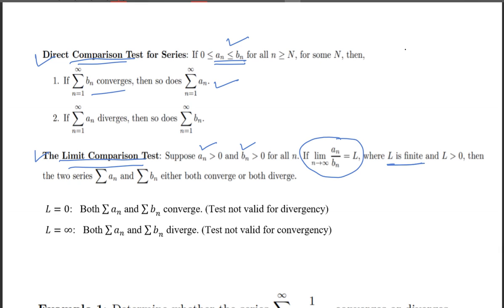That means both are convergent or both are divergent when l is finite and greater than 0. This holds for l equal to 0 and infinity also, but with some restriction. For l equal to 0, only convergence carries over, and for l equal to infinity, only divergence.